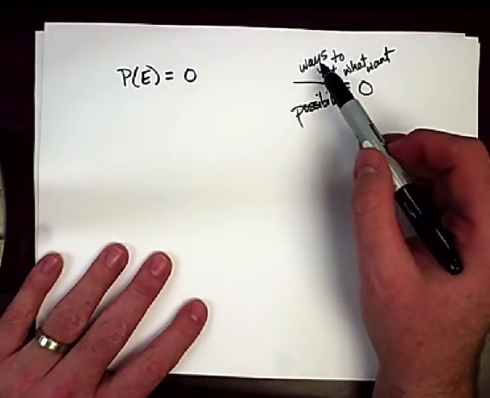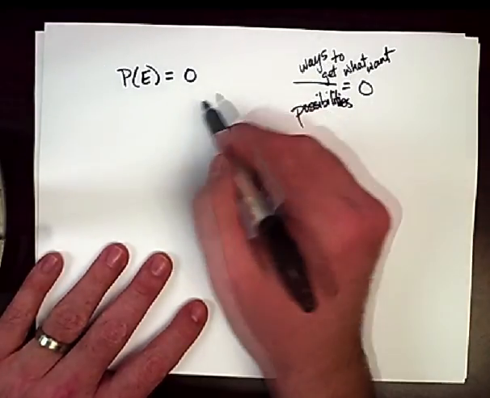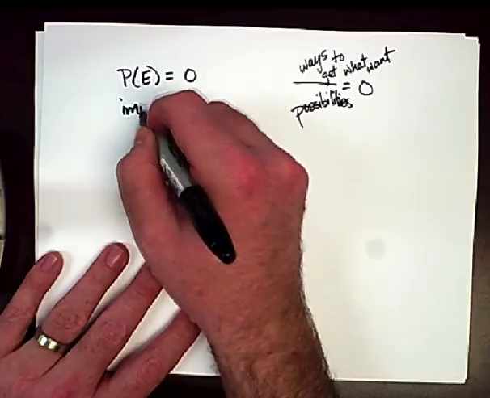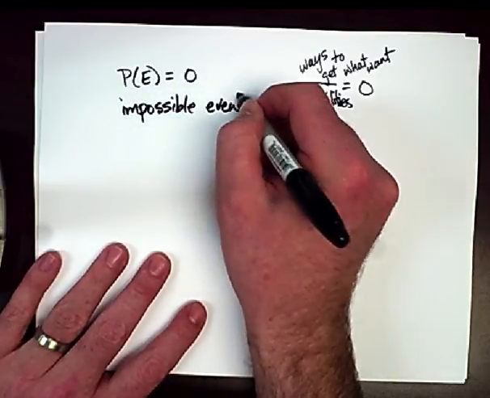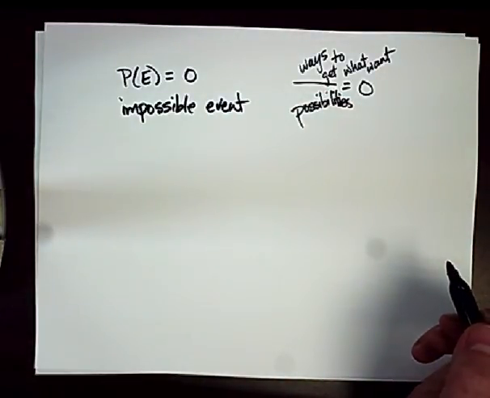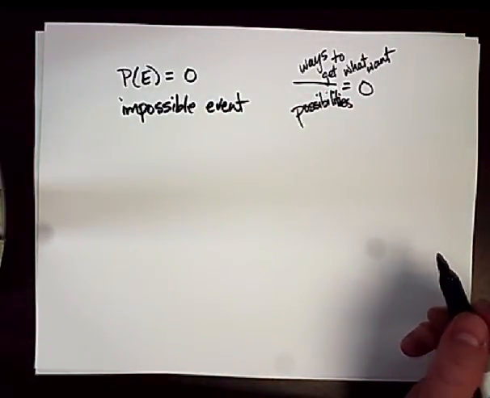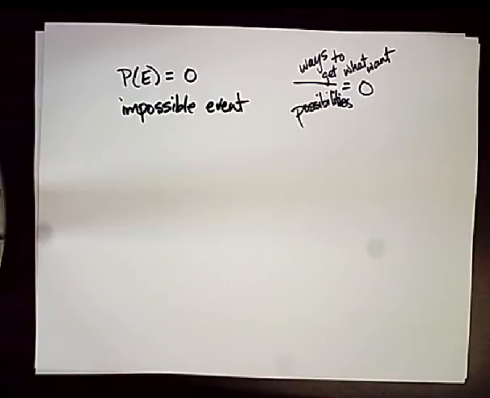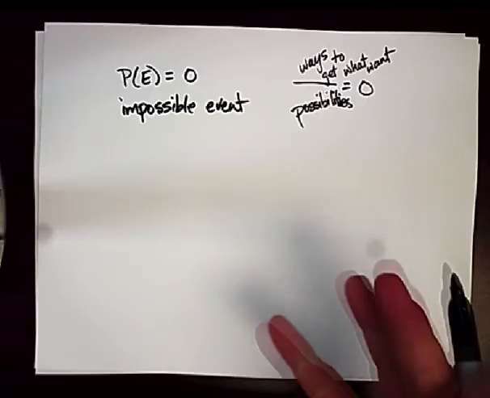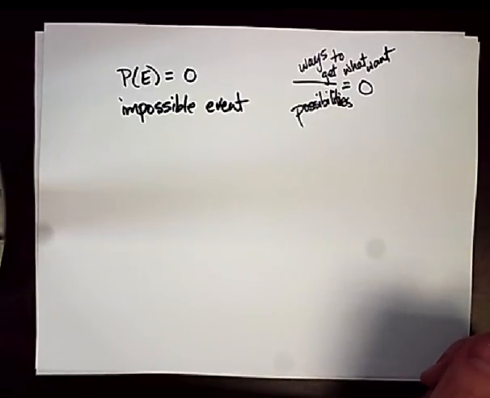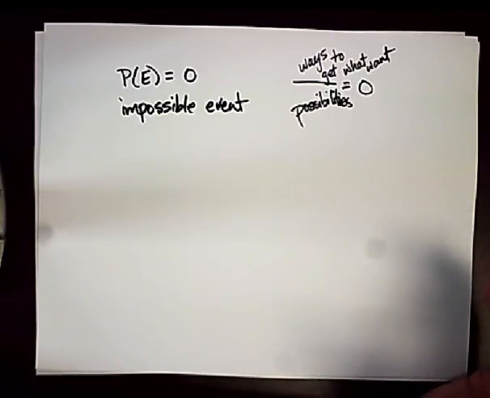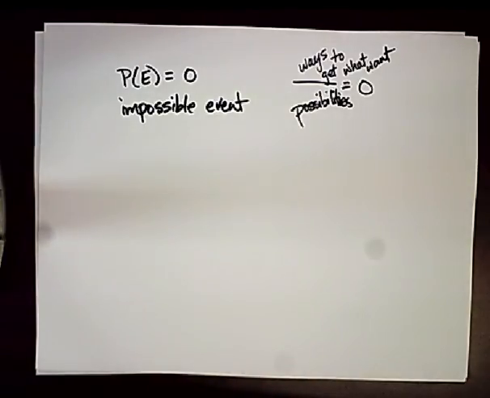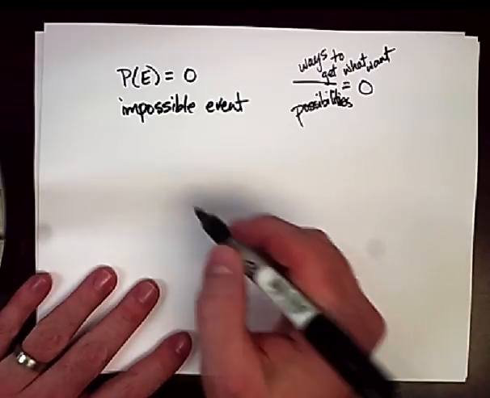So that means there's no way to get what you want. So that is an impossible event. If something has a probability of 0, that's called an impossible event. Some examples of that would be rolling 2 dice and getting 35. Well, they each only have 1 through 6 on them, so the highest you could get is 12. So the probability that you would roll a 35 is 0 because that's an impossible event.